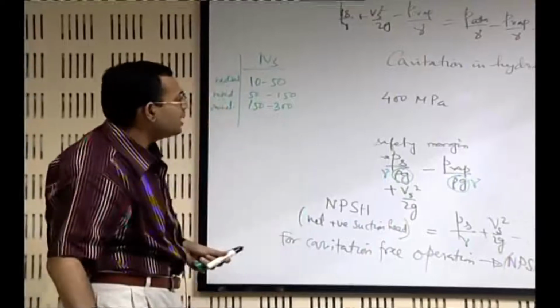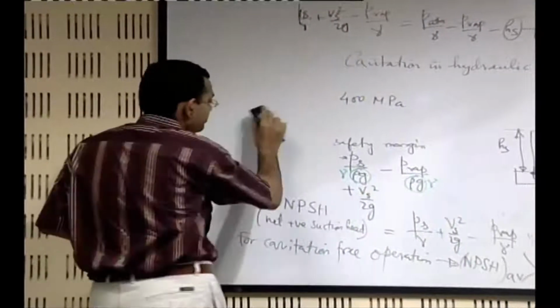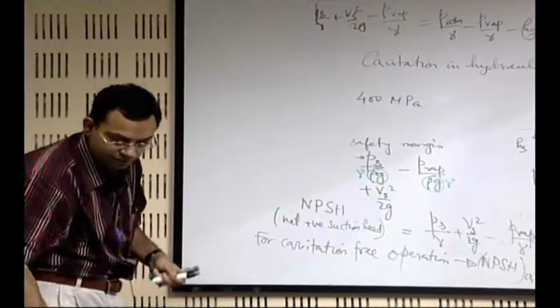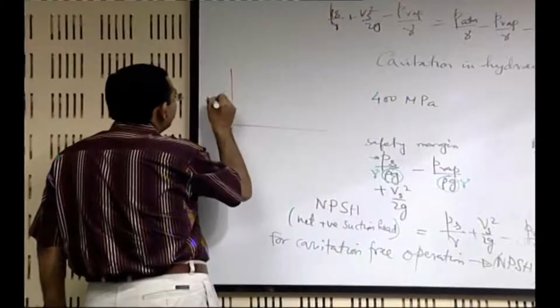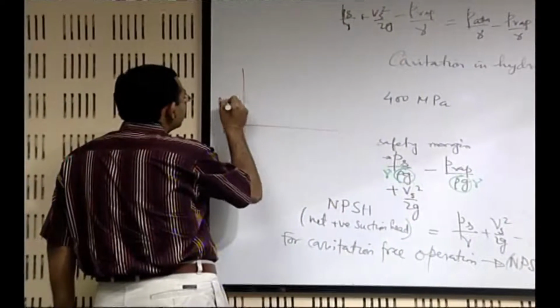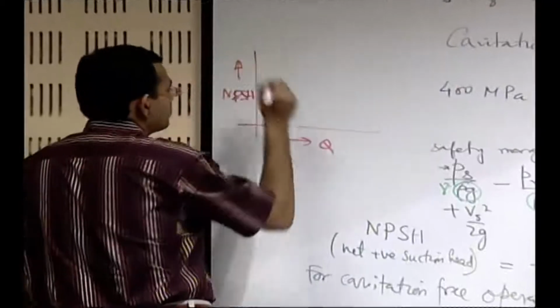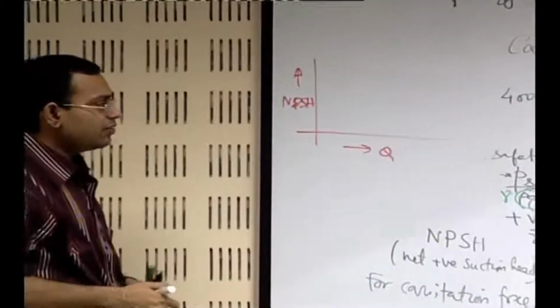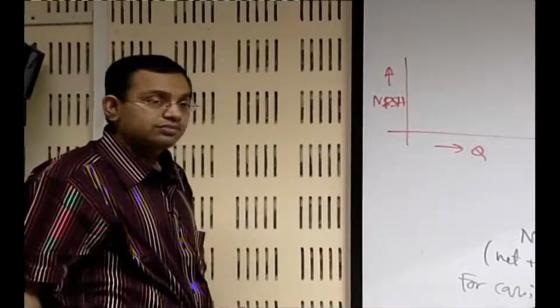So if you make a sketch of this NPSH versus Q or the flow rate, let us say we make a graph of NPSH versus Q. So first of all let us make a plot of NPSH required versus Q.